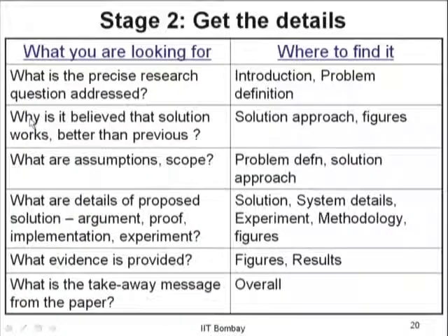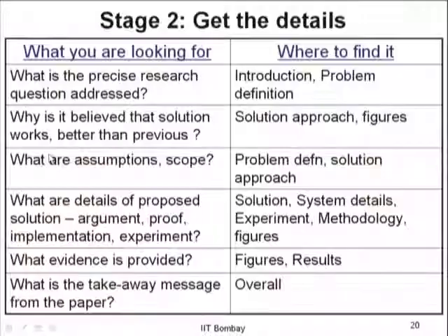Some of the other questions that you, the reader, have to try to answer are, you will have to try to find out why the authors believe the solution works. For example, why do the authors think that this solution is better than other solutions? So the reader has to try to get into the researcher's mind, not exactly the researcher's mind, but into the researcher's writing.